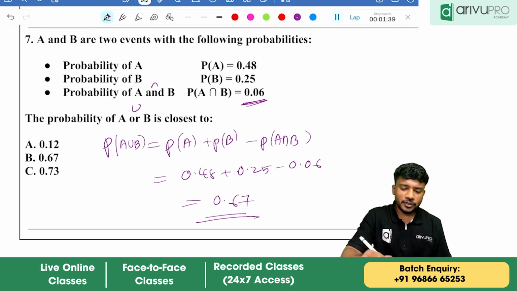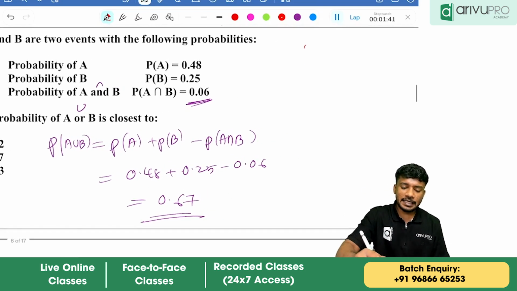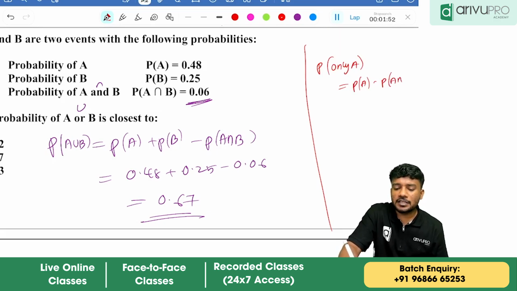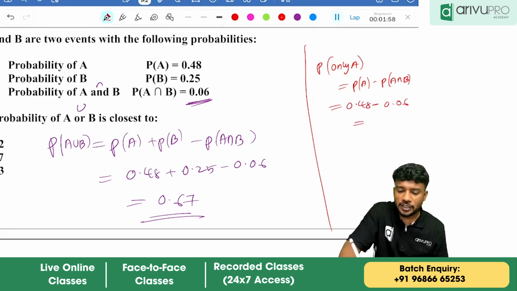Now, what if the question was to find only A in this case? P of only A is equal to P of A minus P of A intersection B, which is equal to 0.48 minus 0.06, which is equal to 0.42.